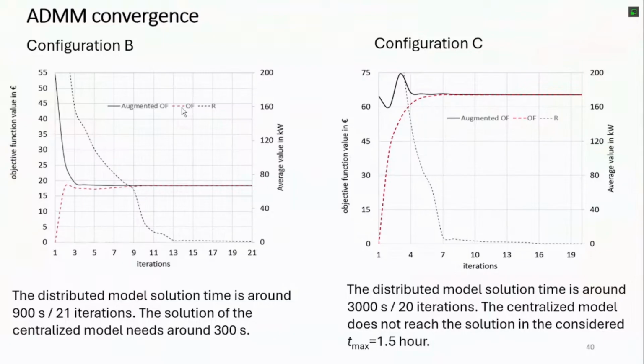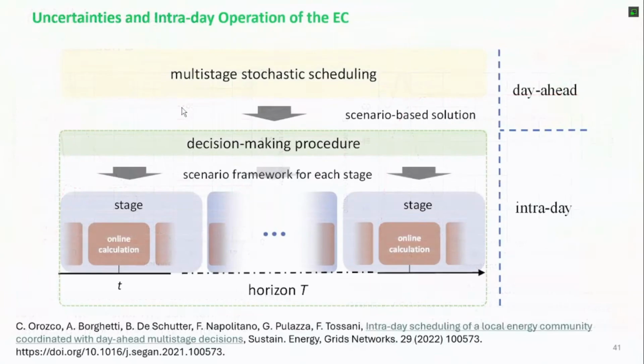I would like to devote just, I don't know if it is possible, a few minutes also to show you a scheme in which we try to take into account also the uncertainty of the forecast, because we do this optimization the day ahead, but the day before we can know a little bit the forecast of the photovoltaic production, also the load, during the day, but not very precisely.